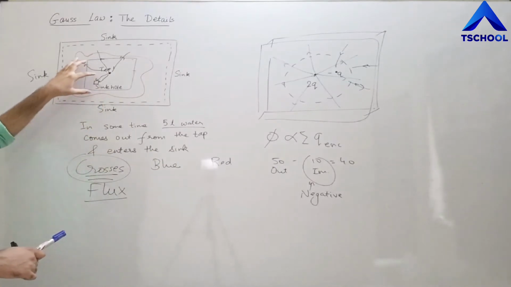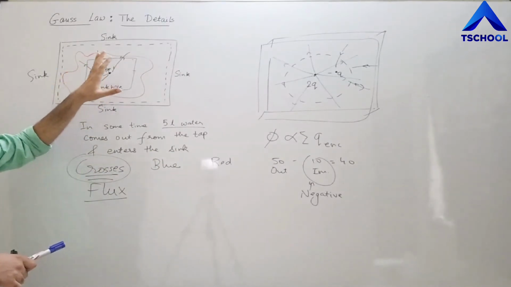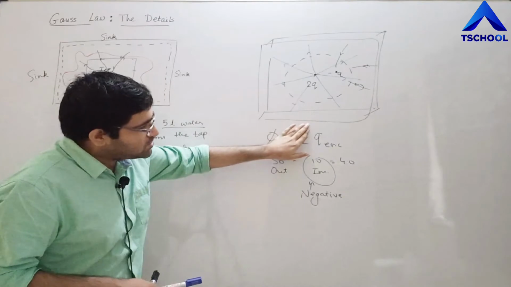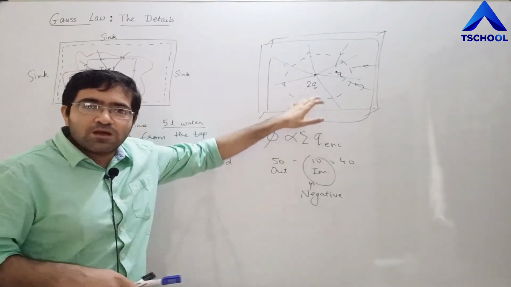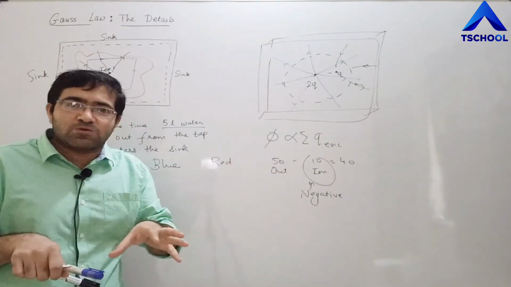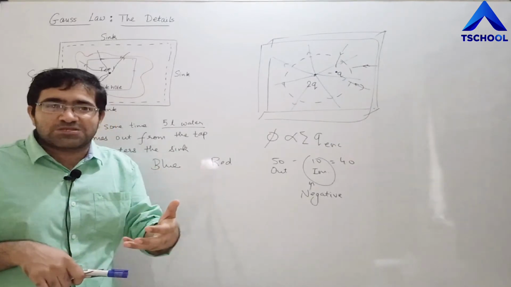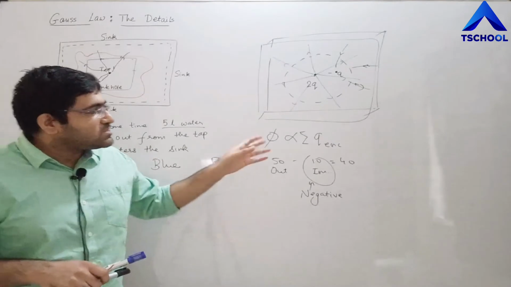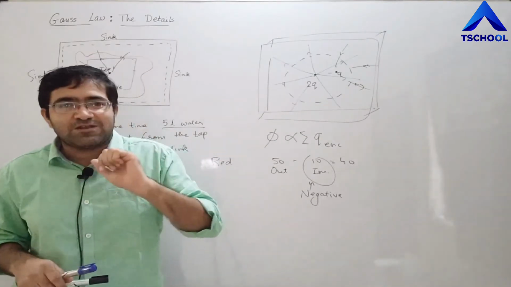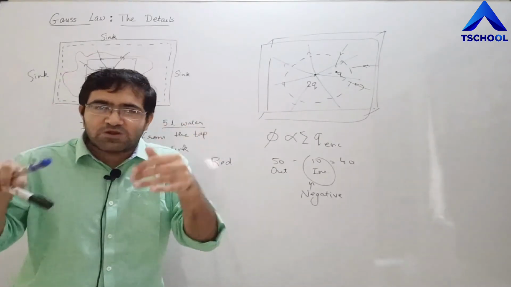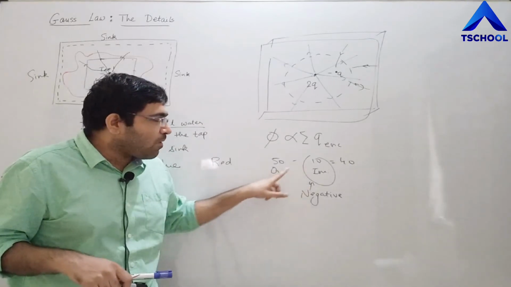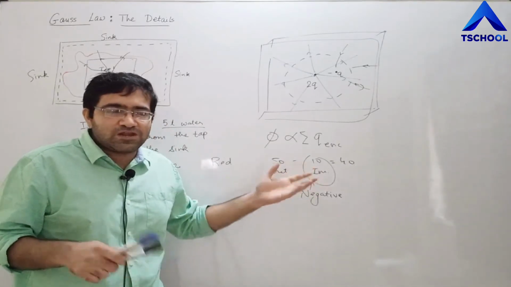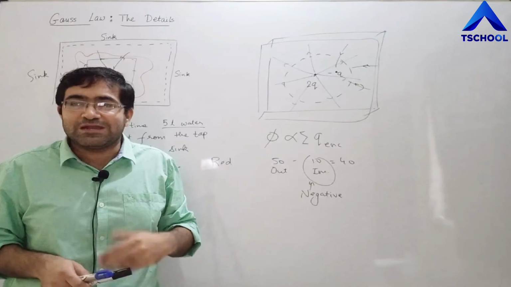So that's why the electric flux depends not on a single charge enclosed, but rather on the total charge enclosed. If there are more positive charges inside, there are going to be more field lines going out and more flux. But if there is some negative charge, then the field lines are going to come in, and that's the opposite, right? So 50 outside, 10 inside makes it 40 net.